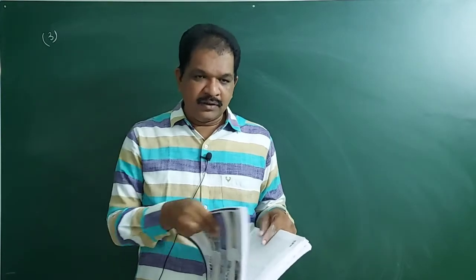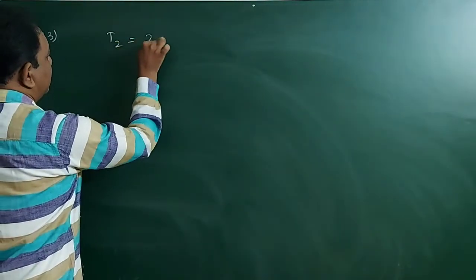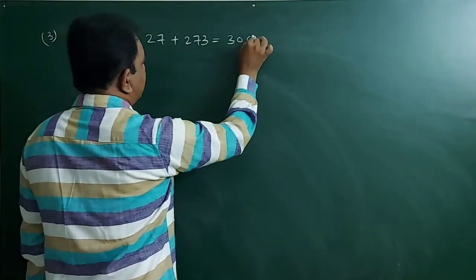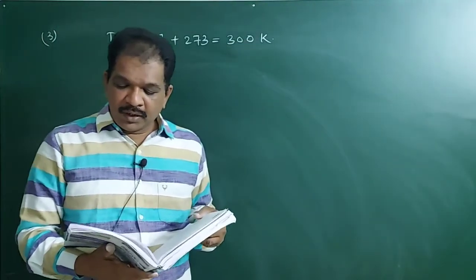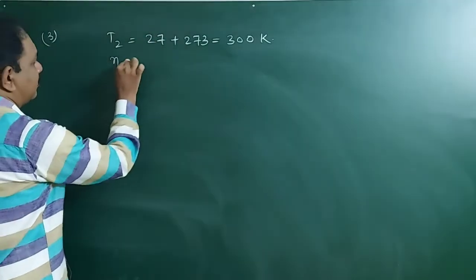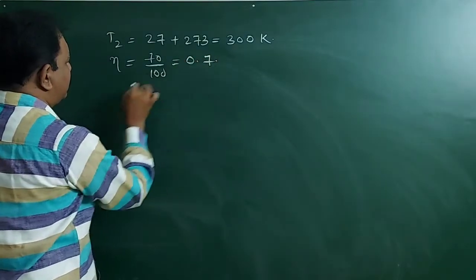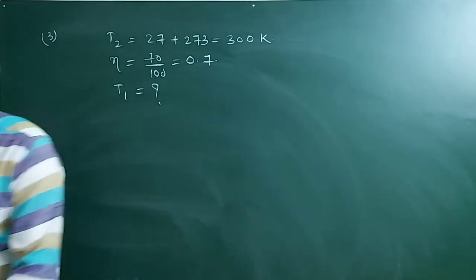Sink temperature is indicated by T2. 27 plus 273 means 300. Efficiency is 70%. 70 by 100 means 0.7. What is the temperature of the source?